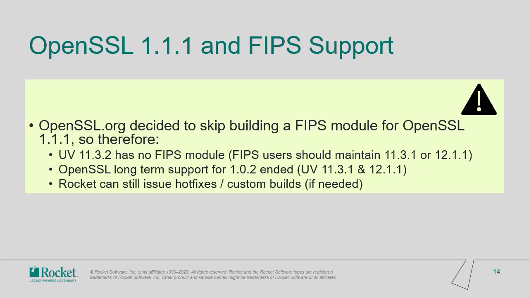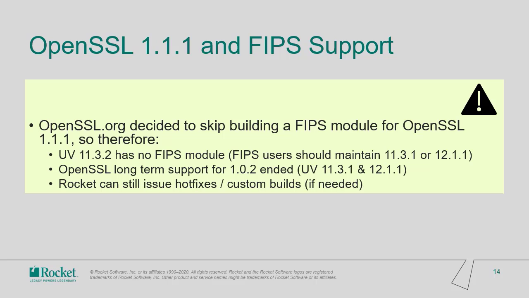So if you need to meet PCI compliance, then that can still be done with Universe 11.3.2, 12.1.1, and 11.3.1. Specifically, if you need to meet FIPS 140-2 compliance, then you'll probably want to stick with Universe 11.3.1 or 12.1.1 for the time being, since they still have a FIPS module built in.